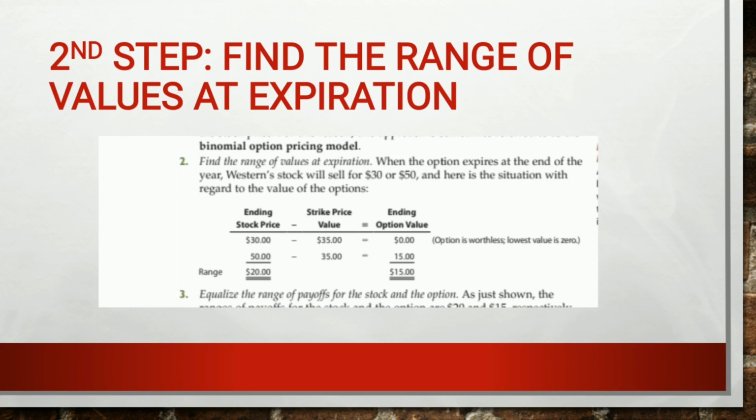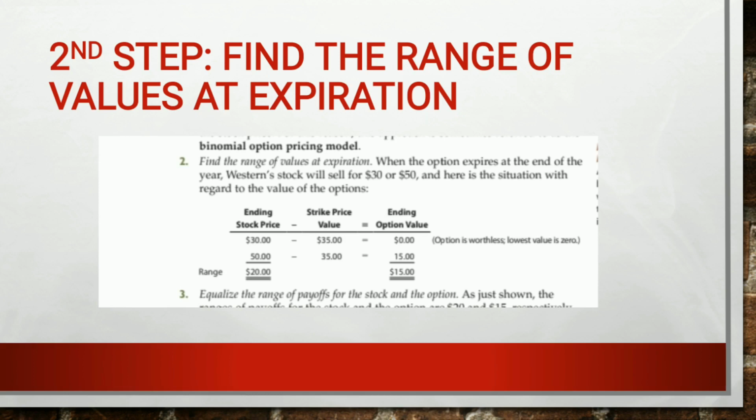We have the ending stock price, $30 and $50, and then the strike price value, which is $35. And we have the ending option value. Since $30, the ending stock price, is lower than the strike price value, we have an ending option value of 0. The option is worthless because the lowest value is 0.